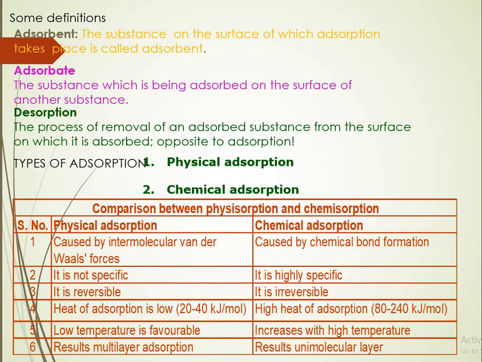Physisorption forms multimolecular layers because of the weak van der Waals forces, and chemical adsorption forms monomolecular layer. Also, the rate of physical adsorption increases with increase in pressure of adsorbate, whereas rate of chemical adsorption usually decreases as the pressure increases.